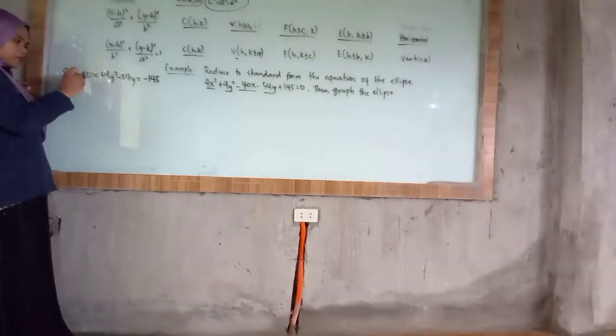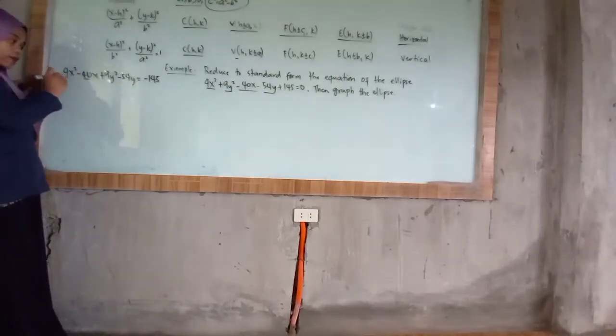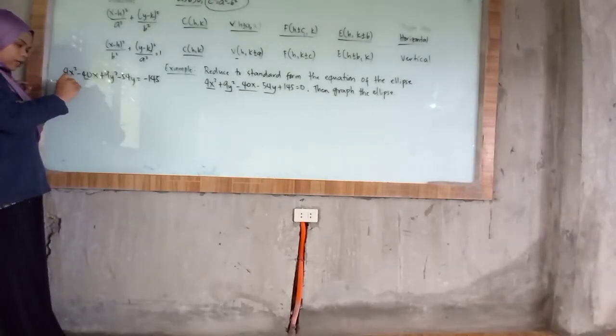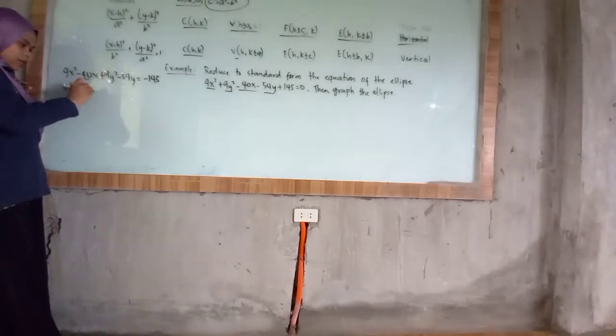We factor out the common factor, which is 4. So it becomes x squared minus 10x.